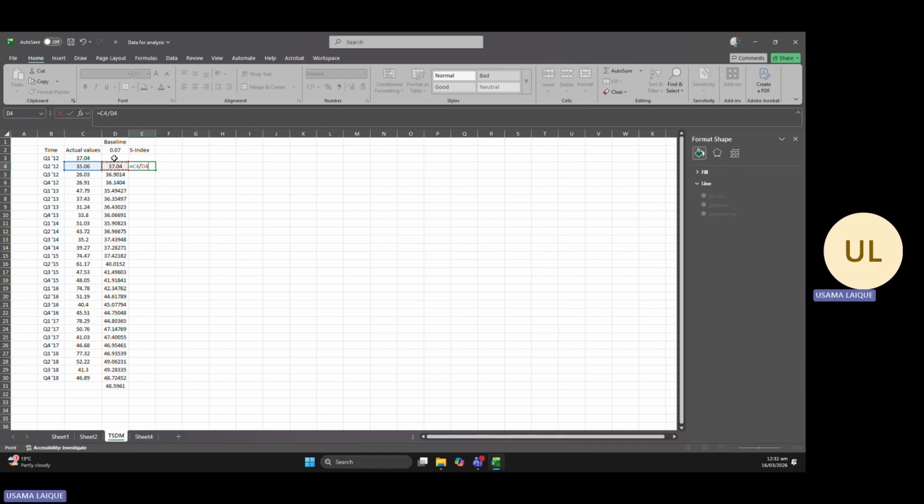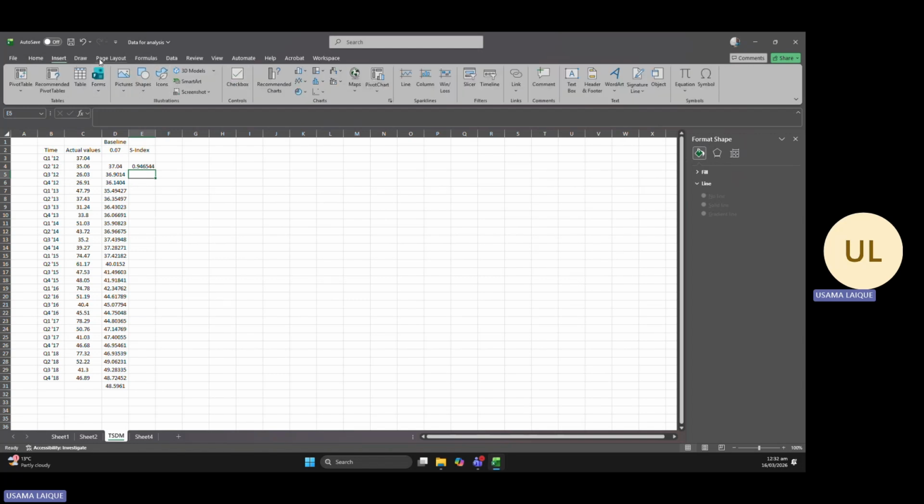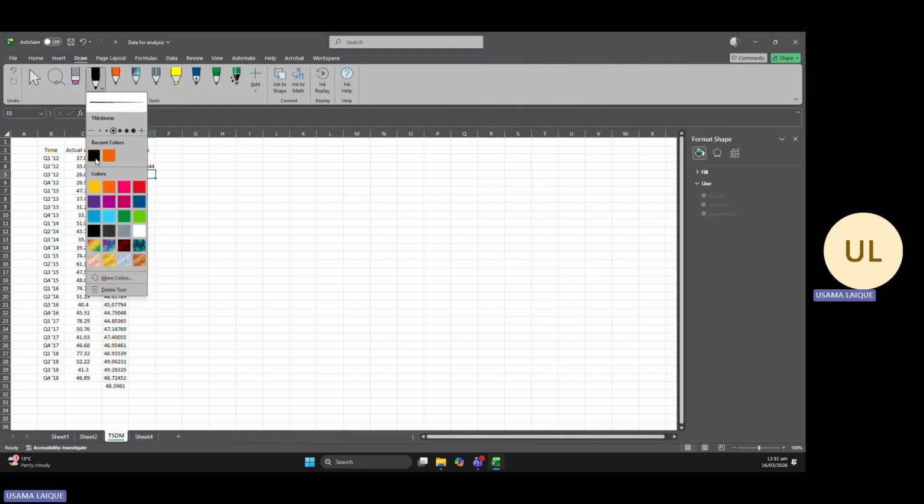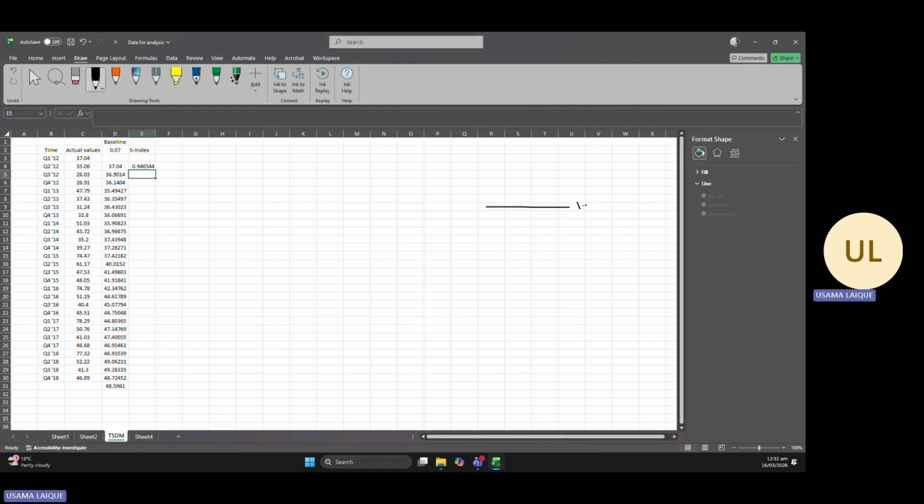We can't do it right here since we don't have any baseline value for the first observation, so we'll start from here. The value right here is 0.946. Now, what does that mean? Consider it like this: if this line's value is equal to 1, then 0.94 is beneath 1. We'll say that seasonality in time period Q2 2012 is approximately 6% below the baseline.